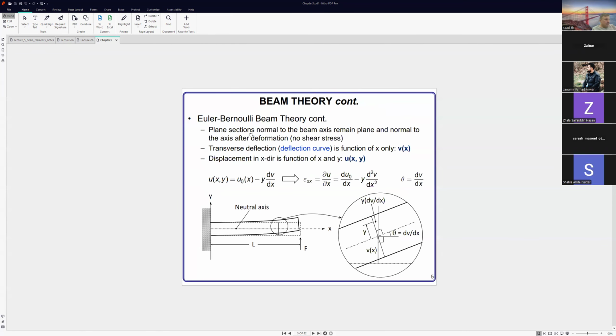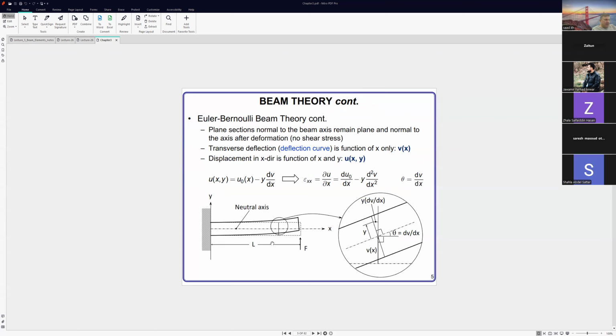Now we have the plane section normal to the beam. So the axis remains plane and normal to the axis after deformation. This means the section should not be deformed before and after loading.